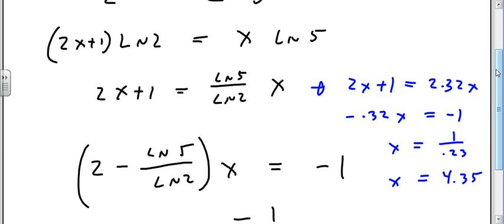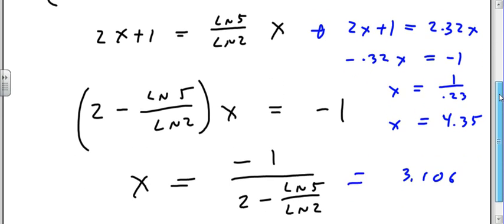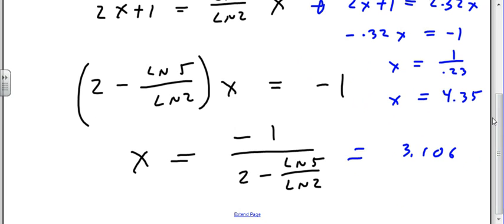I put it on the other side of the equation. I get minus 0.32. I get 1 divided by 0.32. I get the same thing. Now, how come I don't get it going the other way? That's a good question. That's a really good question.